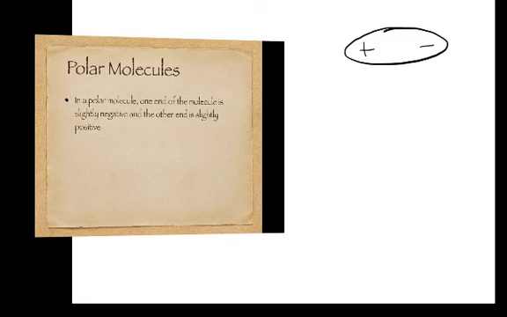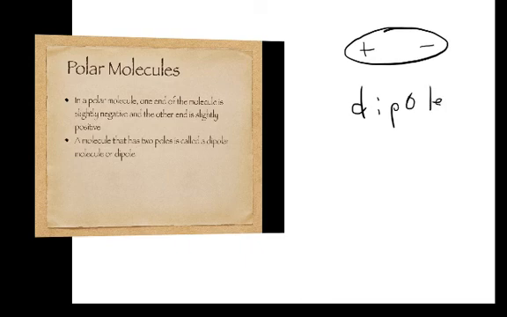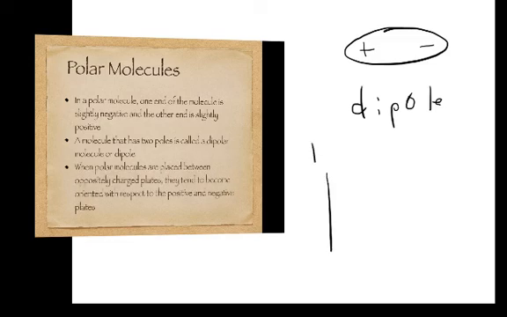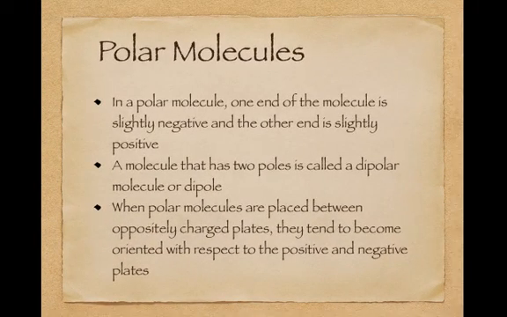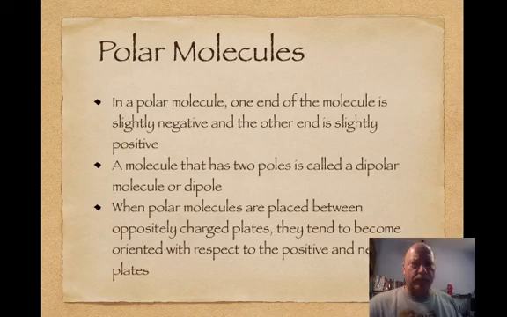That molecule is known as a dipole, and it can be put in a field where you've got positive charges and negative charges, and it will line up in such a way that the positives will be towards the negative side and the negatives will be towards the positive side. Okay, that's what they're talking about when they're talking about a dipole. It's a molecule in which you have a positive side and a negative side.